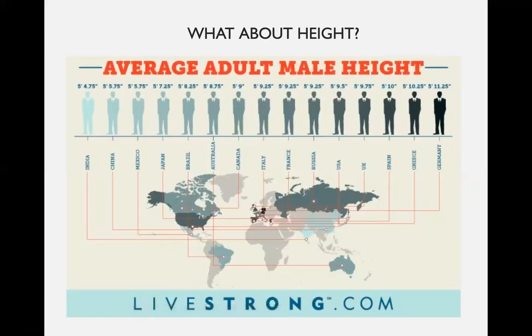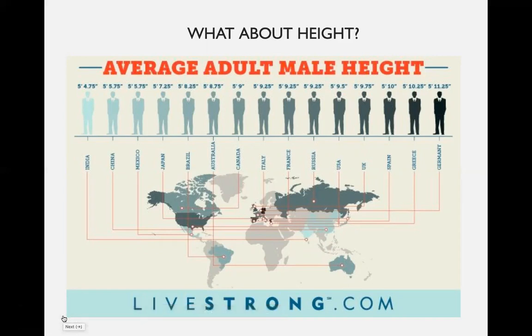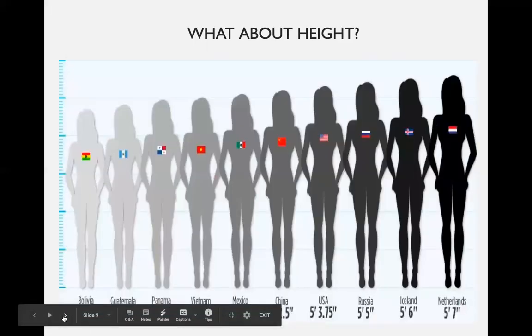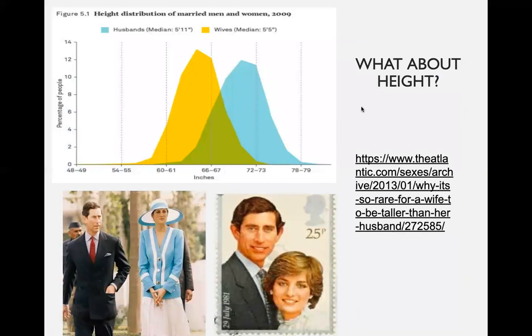And so even height is the type of physical difference that is not necessarily as related to sex as we might think it is. But what is clear is that in a lot of societies, there is this very strong gendered expectation that men are supposed to be taller than women, because we associate height with power and dominance and strength.